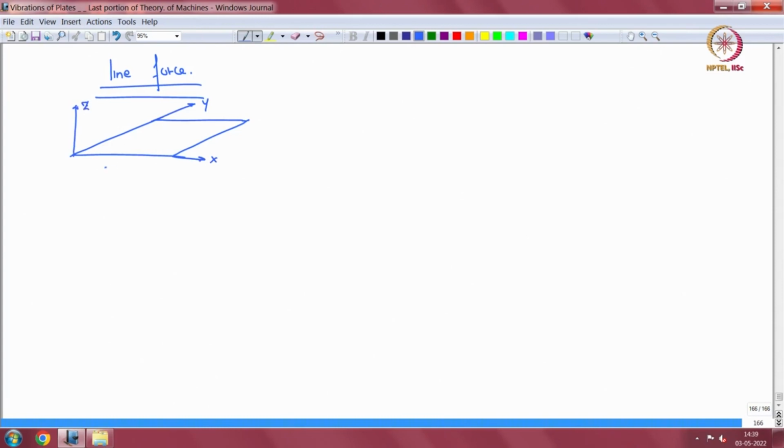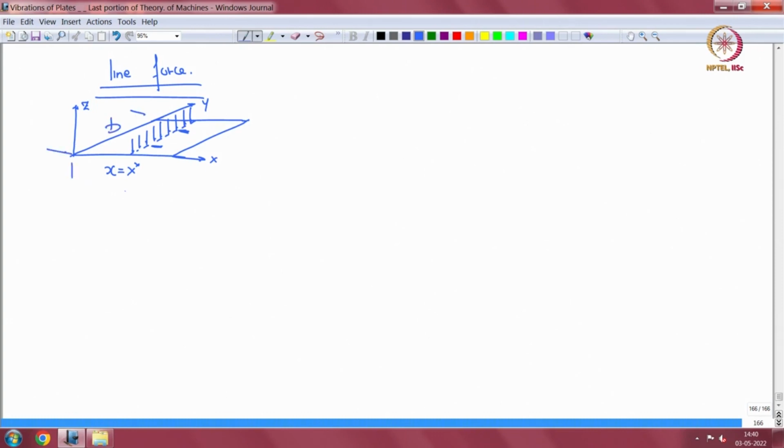At some x equal to x star, let us say, I have a force which is a line force, and let it extend all the way from 0 to b. It can extend only a part length also. Okay, we have to make an adjustment for that. So, let us extend it all the way along the length of y, b.